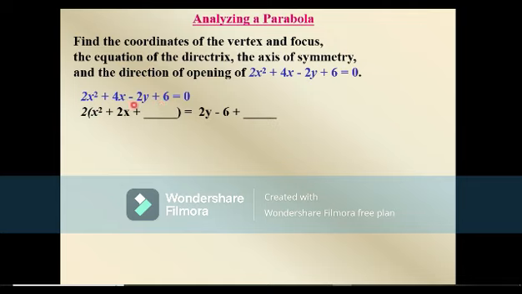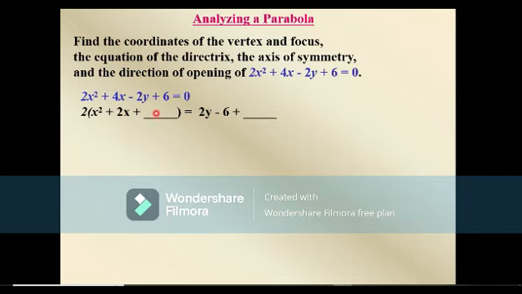The greatest common monomial factor is 2. So we place 2 outside the parentheses. Then 2x squared divided by 2 is x squared. Then 4x divided by 2 is 2x. Next, we are going to do completing the square. To complete the square, we have here 2x divided by 2 is 1. 1 squared is 1.